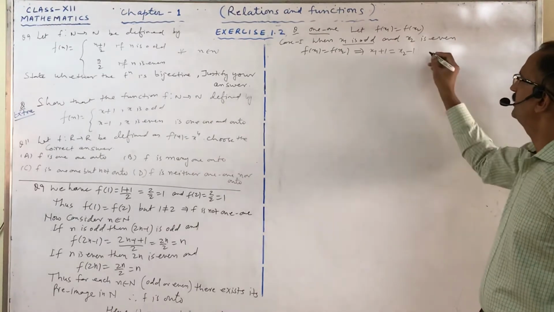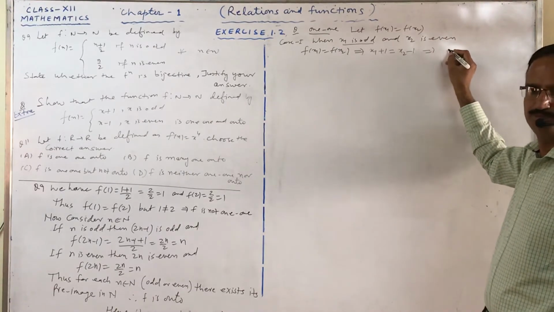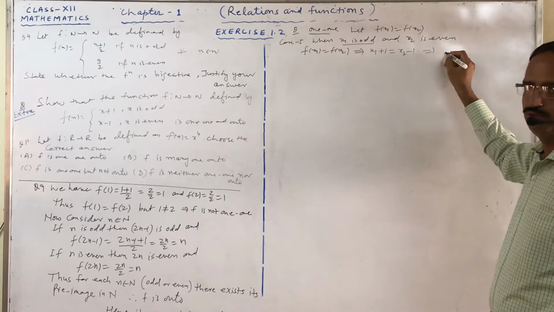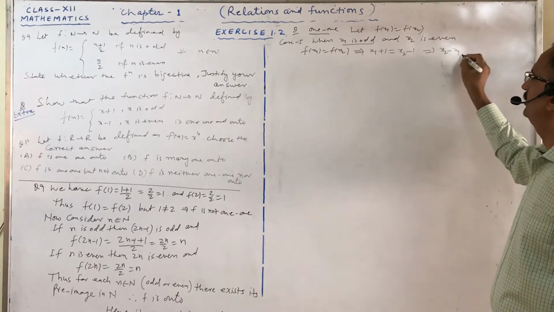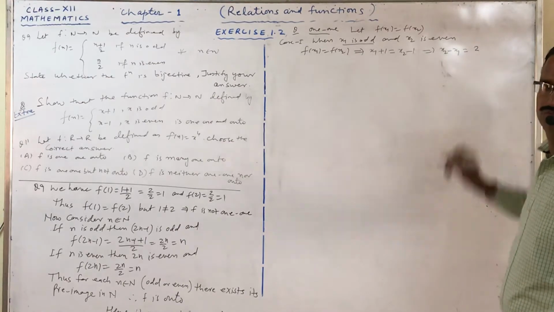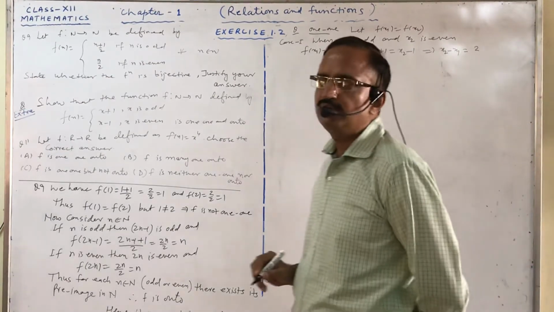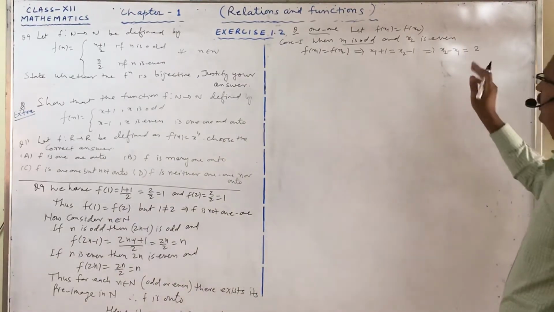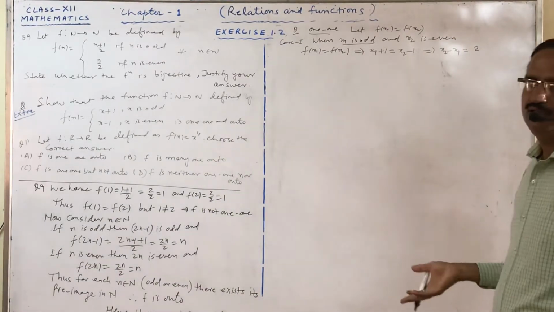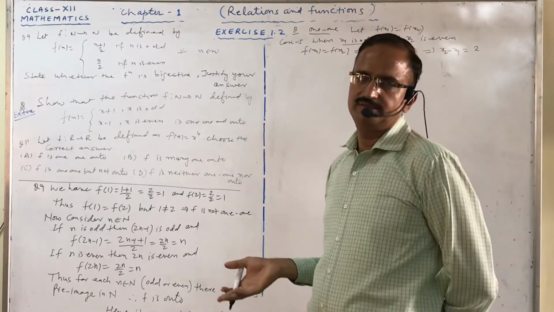When we simplify this, then we will get x1 minus x2 or x2 minus x1 is equal to 2. I think this is not possible. The difference of an odd number and an even number.